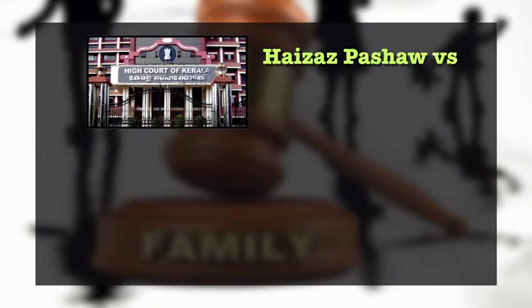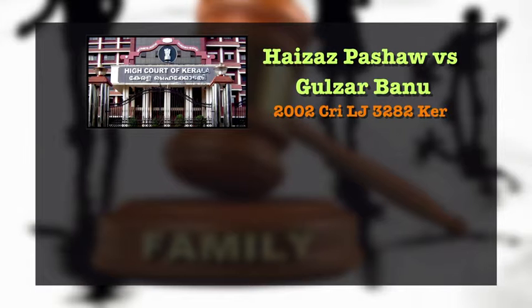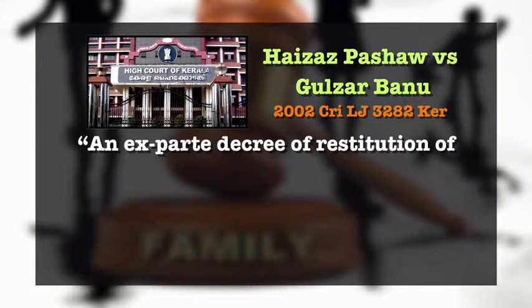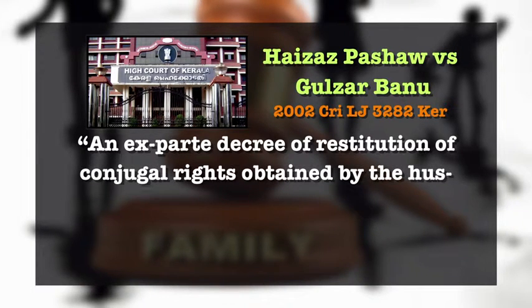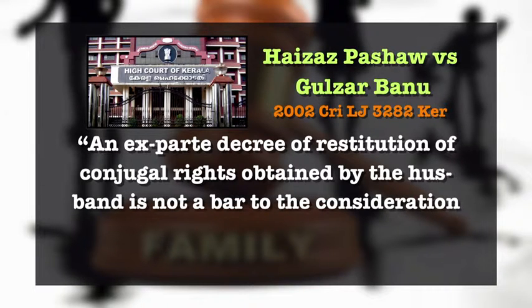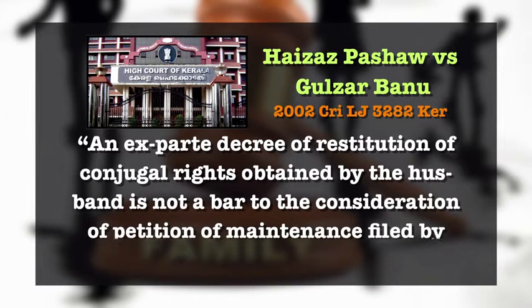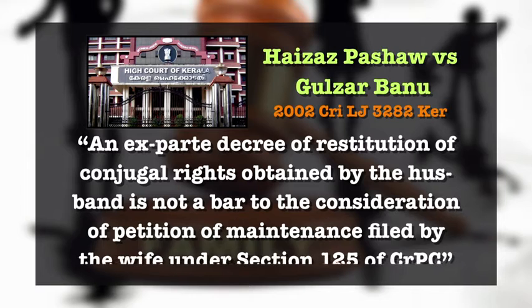However, the Kerala High Court in Hezaz Pasha versus Gulzar Banu held that an ex parte decree of restitution of conjugal rights obtained by the husband is not a bar to the consideration of a petition of maintenance filed by the wife under section 125 of the CrPC.